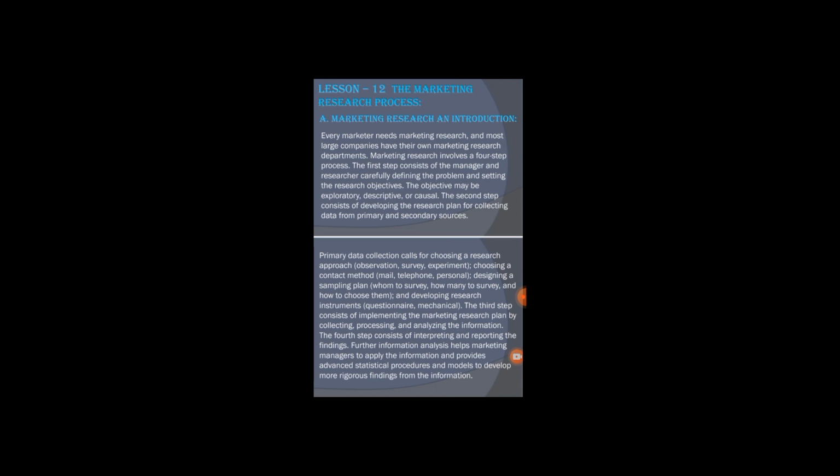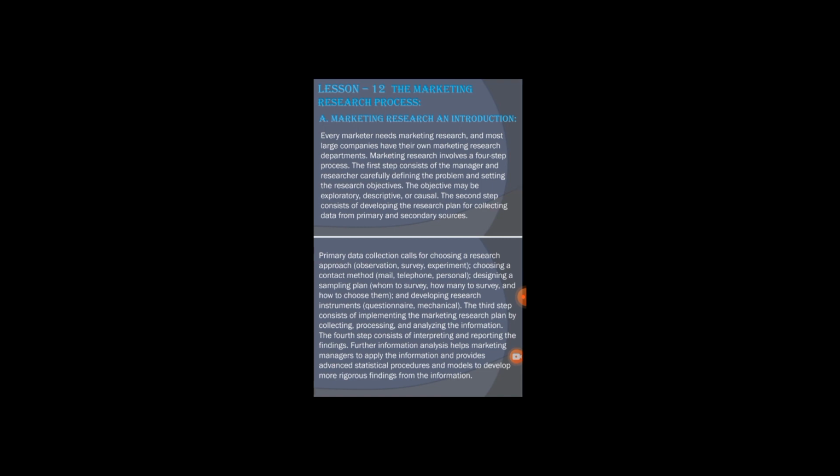The first step consists of the manager and researcher carefully defining the problem and setting the research objectives. The objective may be exploratory, descriptive, or causal. The second step consists of developing the research plan for collecting data from primary and secondary sources.